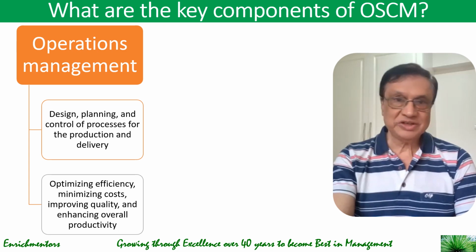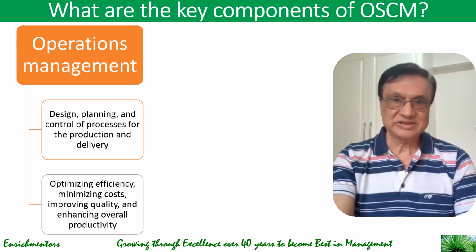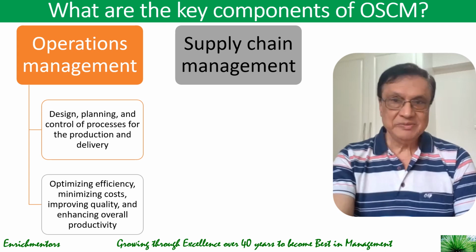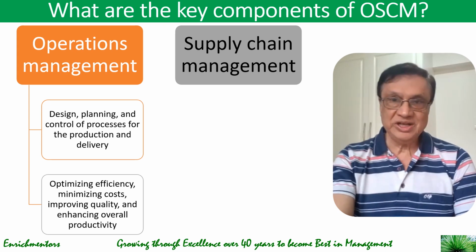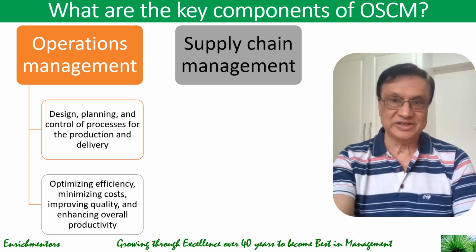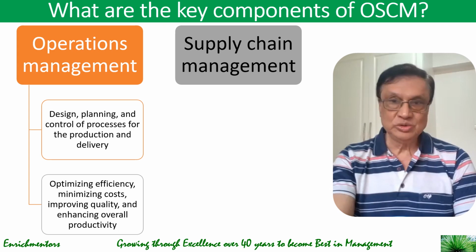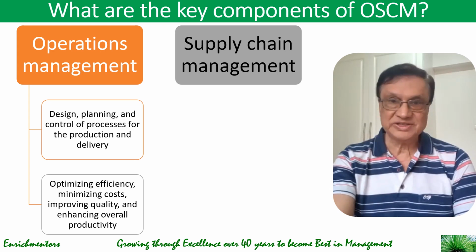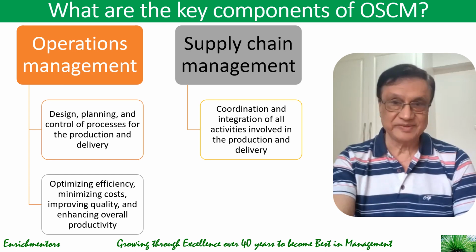Now, versus operations management, supply chain management is the coordination and integration of all activities involved in production and delivery of a product, right from raw material to end consumer. This includes procurement, logistics, distribution, and collaboration with suppliers and distributors.